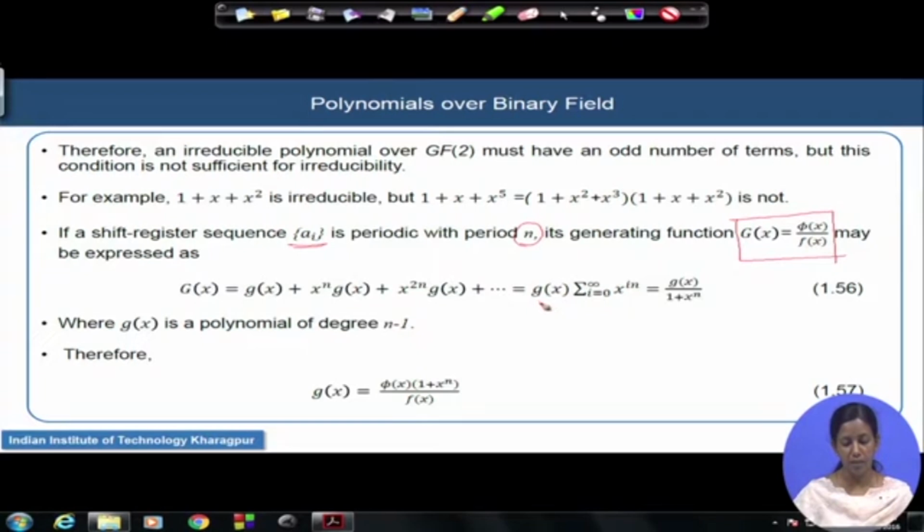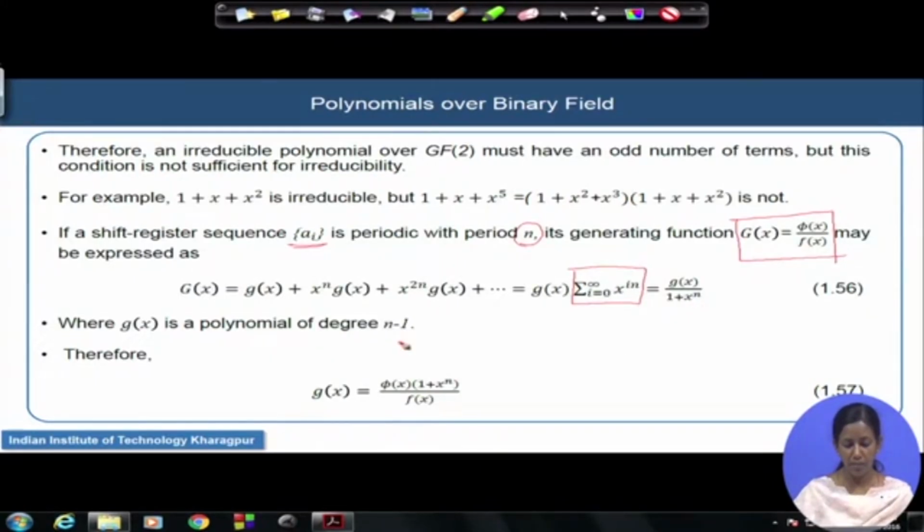Hence it can be written as g x times the summation of x to the power i n, i going from 0 to infinity. And this is nothing but a series of 1 by 1 plus x to the power n.